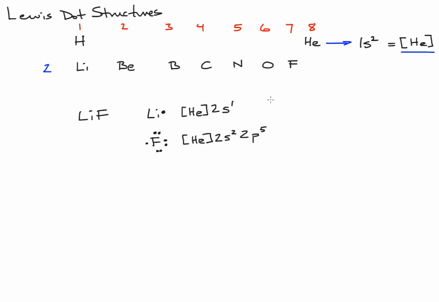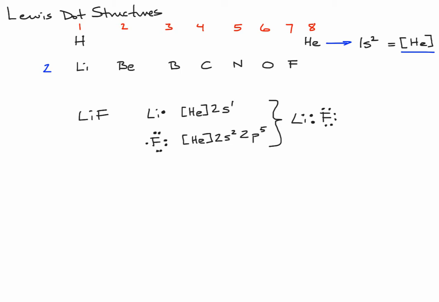So to draw the Lewis dot structure for lithium fluoride, we're going to pair the unpaired electrons. So we draw lithium. There's its unpaired electron. We draw fluorine. And now we pair that electron with lithium.